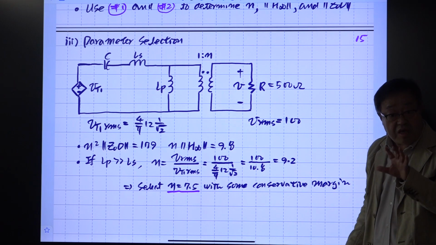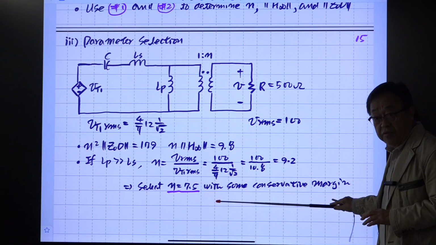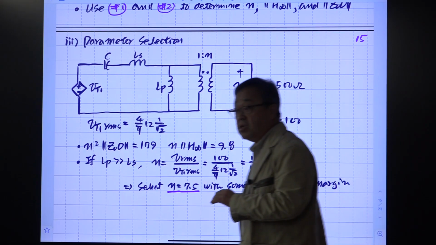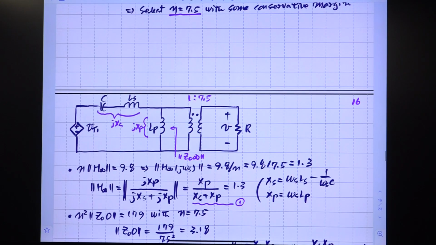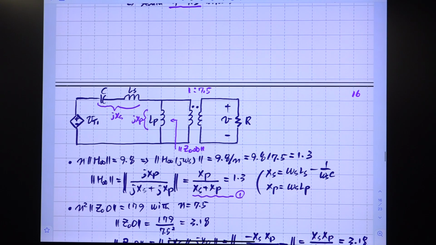Or we don't know the exact number, but just select this one for a good educated guess. Okay, that is determined. Then with this, this is determined, right? So this is 9.8. Okay, I think we determined somewhere in the previous slide.